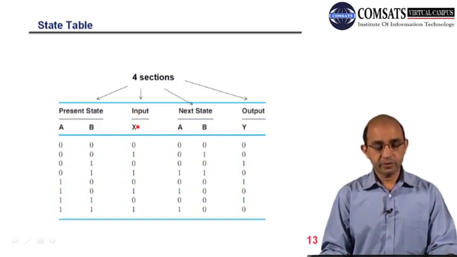We can have 1 input or more than 1 input. And if we have AB here, we will have the next state column like this. If you have 3 flip-flops, then there will be a C over here, and similarly a C for the next state.